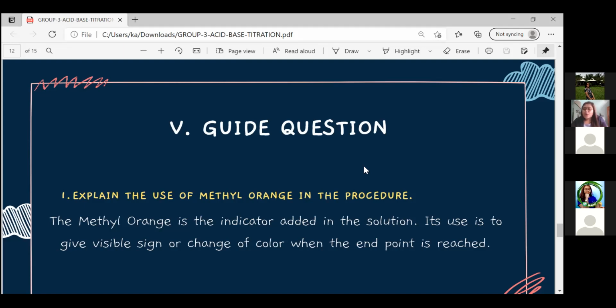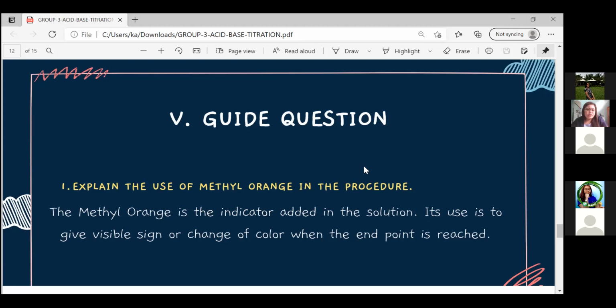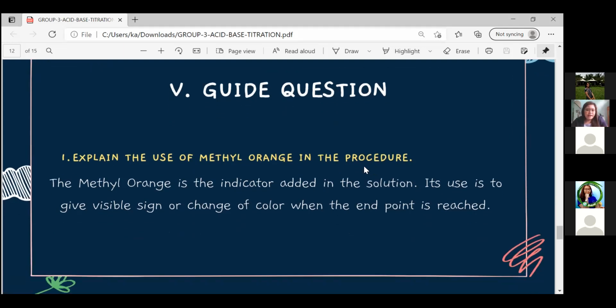And lastly is to compute for the normality of the sample. For the guide questions, we have here methyl orange. Yes, this is correct. Our methyl orange is the acid-base indicator. It will give us the change in color when equal amounts of the sample and the titrant have already reacted.